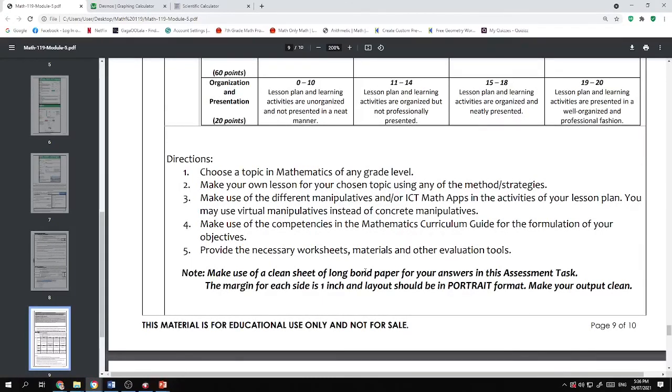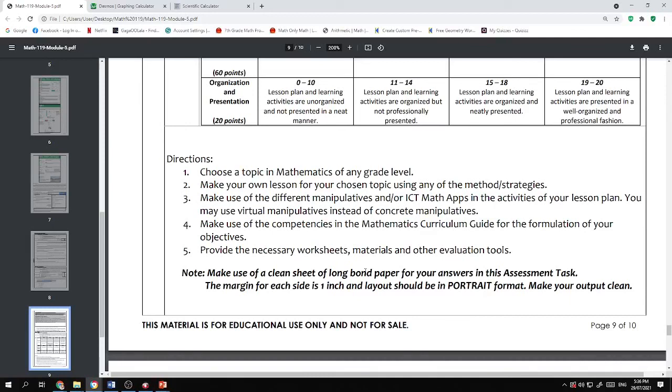These are the directions. Choose a topic in mathematics in any grade level. Number 2, make your own lesson for your chosen topic using any method or any strategy. Number 3, make use of the different manipulatives or ICT math apps in your lesson.